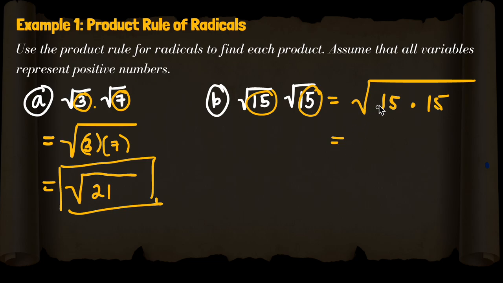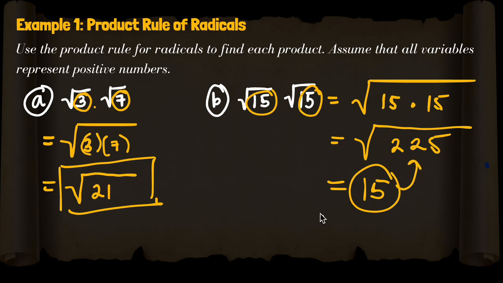Then when we simplify the square root of 15 times 15, that is the square root of 225. And then we all know that 225 is a perfect square number, and the square root of 225 is 15 when we simplify it, because 15 times 15 is 225. Okay, so this is going to be the final answer.